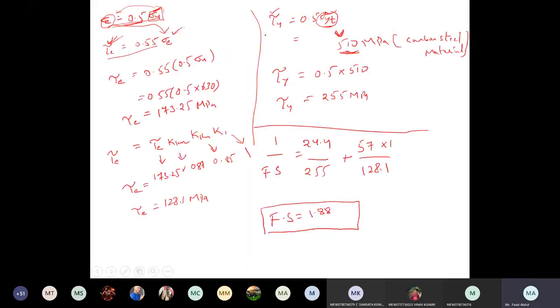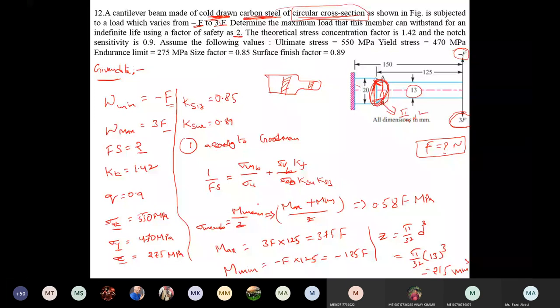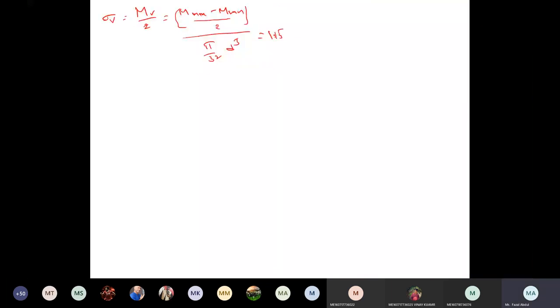So how much did you get? 1.15 F megapascal. Okay, variable stress you got.